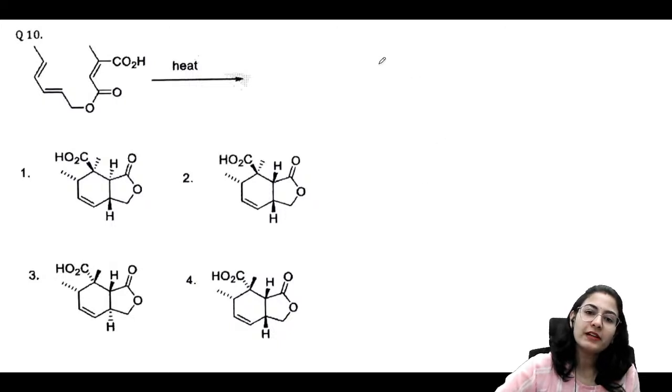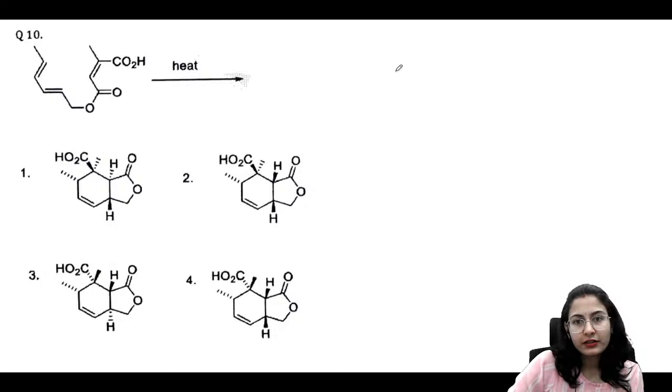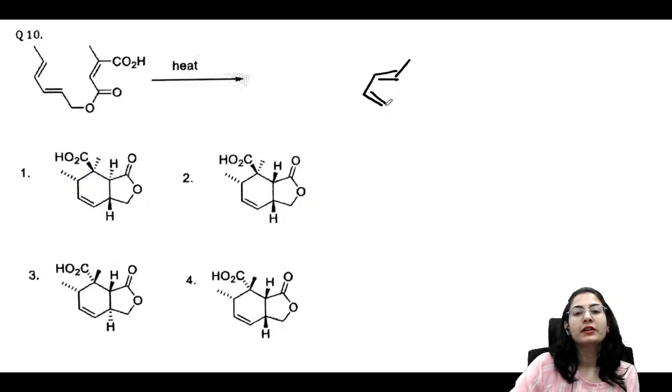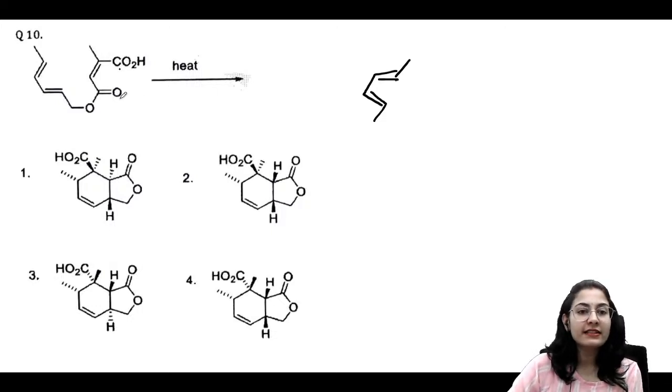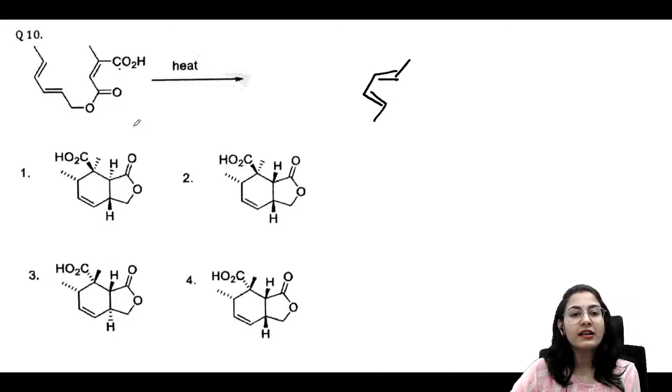All right, so if we are doing endo selectivity, let's say we are trying to write the dienophile side on the bottom. So who is in the dienophile? There is this carboxylic acid as well as this carbonyl. Both of these are on the same side of the double bond, isn't it?